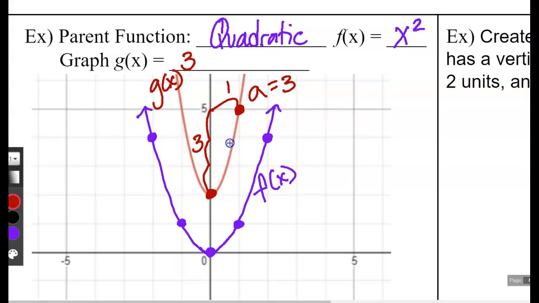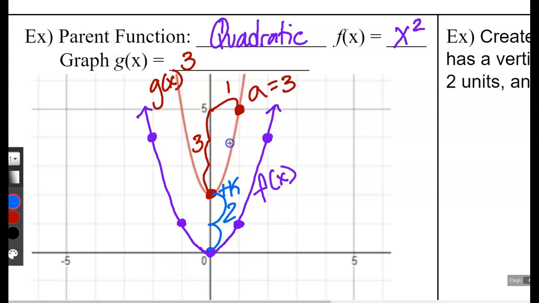Now, do you just think this is x squared and we're done with 3x squared? No. Where else has it moved? Up 1, 2. And is that an h or a k? That's a k. And if we're going up 2, is that plus k or minus k?